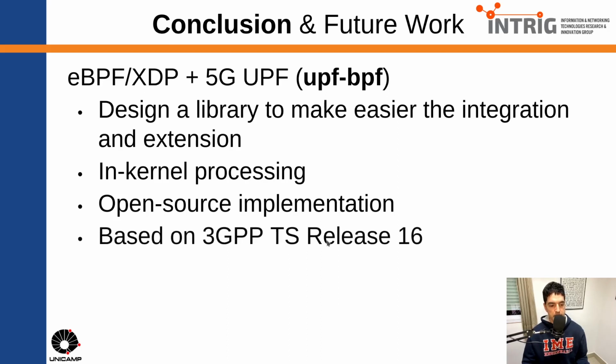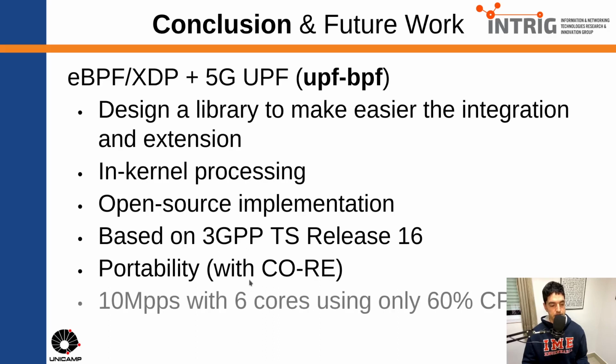It's based on 3GPP release 16, and we have portability with core. It's not implemented yet, but we intend to implement it in the next few months. And we have also shown that 10 million packets per second was achieved with 6 cores using only 60% of CPU.